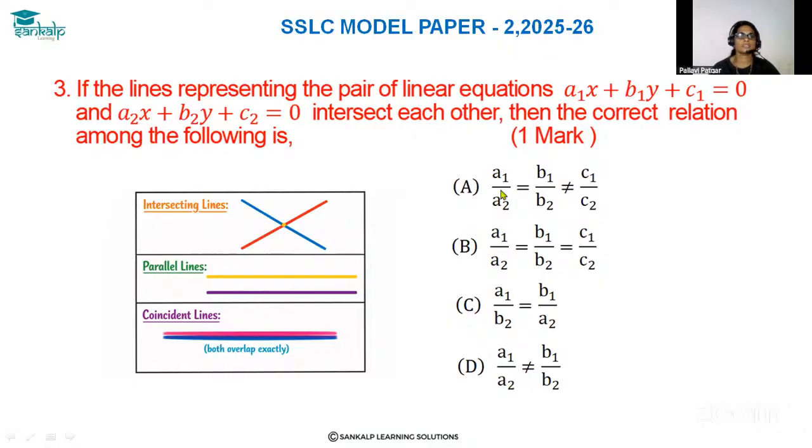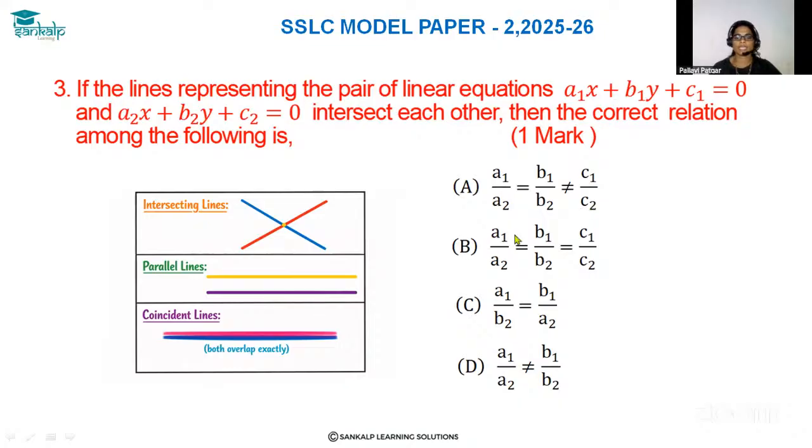Hello everyone. See the question number 3. If the lines representing the pair of linear equations a1x plus b1y plus c1 is equal to 0 and a2x plus b2y plus c2 is equal to 0 intersect each other, then the correct relation among the following is: A, a1 by a2 is equal to b1 by b2 not equal to c1 by c2.